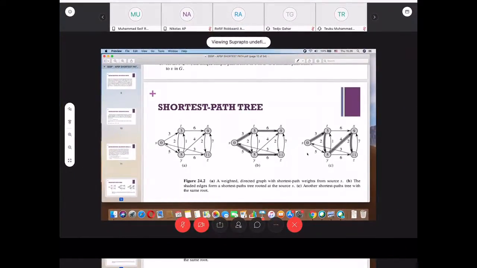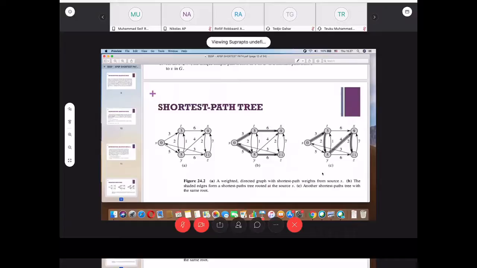What about the shortest path from S to Y? The first solution is 5, the second is also 5. X, the first solution is 9, the second is also 9. The last one, Z, the shortest path from S to Z is 11 in the first solution and also 11 in the second.